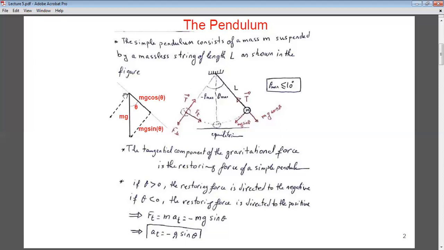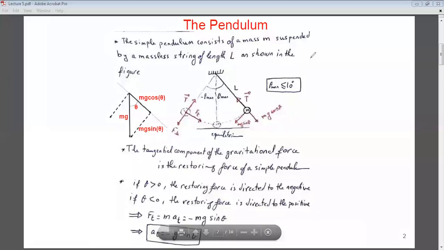Now, how do we find the two components of this vector, mg? We take this triangle, and we have angle theta. Let's take the cosine of angle theta. It is equal to the adjacent side over the hypotenuse.